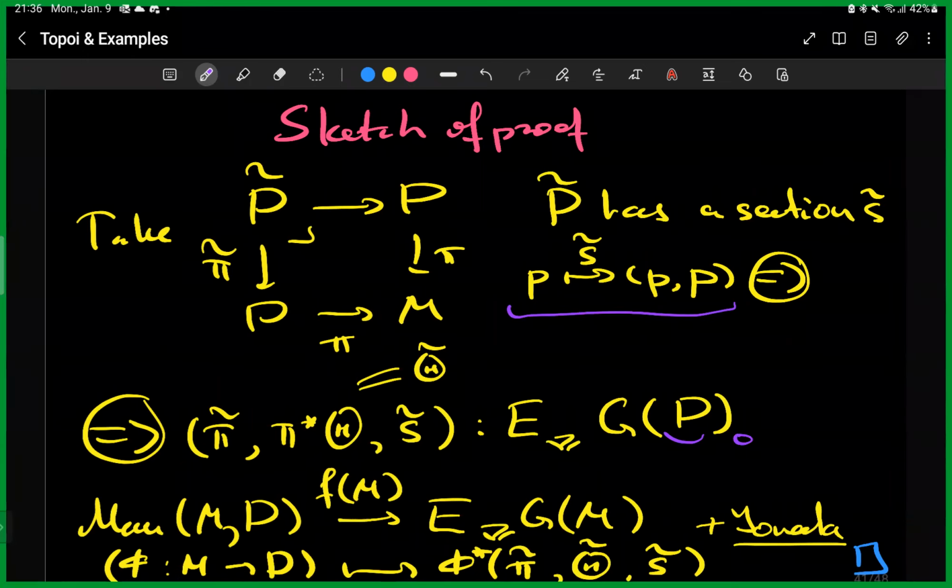But this means that for any manifold M, we can define a morphism from the set of smooth maps from M to P into zero simplices of this thing here, which is given by this.